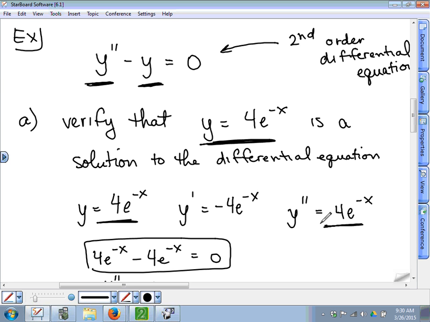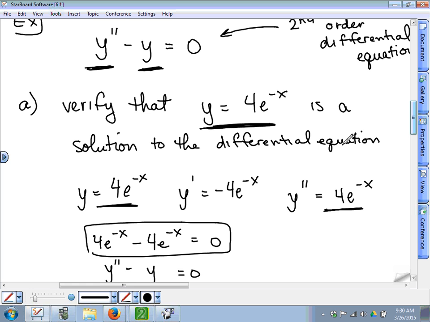So first we had to find y double prime. And then we just substituted in. y double prime minus y was 4e to the negative x minus 4e to the negative x. It was equal to 0, and that's what it should have equaled. So we verified it. Verify means this really is a solution. You just have to show it.